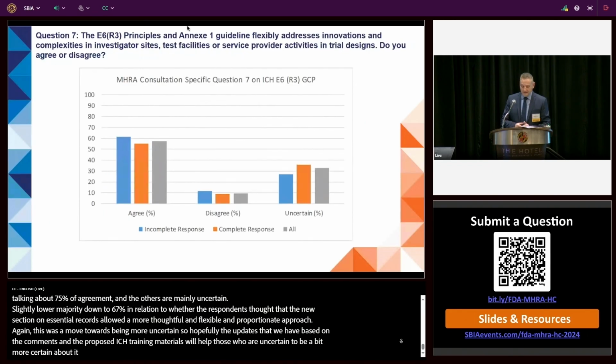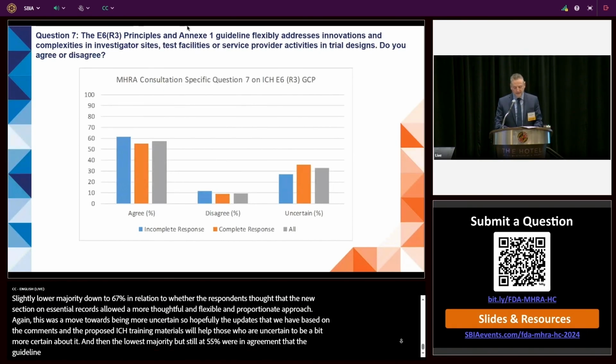And then the lowest majority, but still at 55%, were in agreement that the guideline addressed innovation and complexities in investigator sites, test facilities, and service providers in trial design. And you find that text in the ICH documents. That's where it came from.